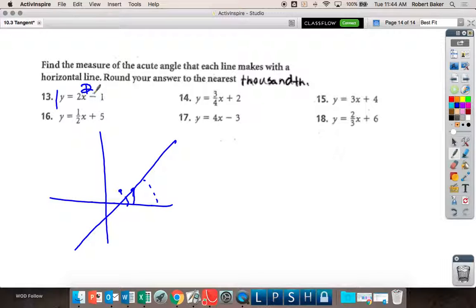So it would be over 2 up 3, which would be 3 over 2. Tangent is described as y over x. So in this scenario, if you put a 2 here, it would return 3, and it'd be 3 over 2. And you'd do the inverse tangent of 3 over 2.